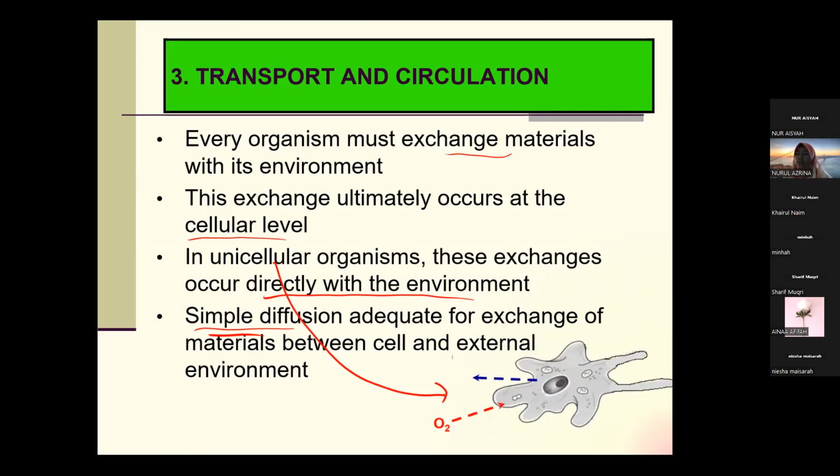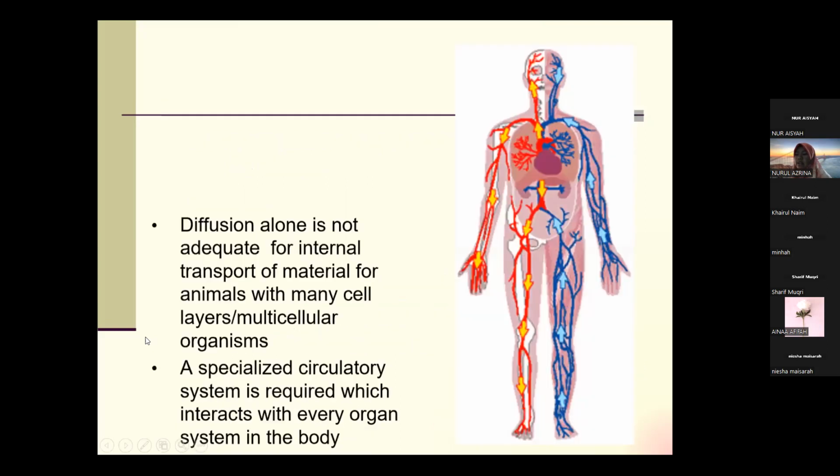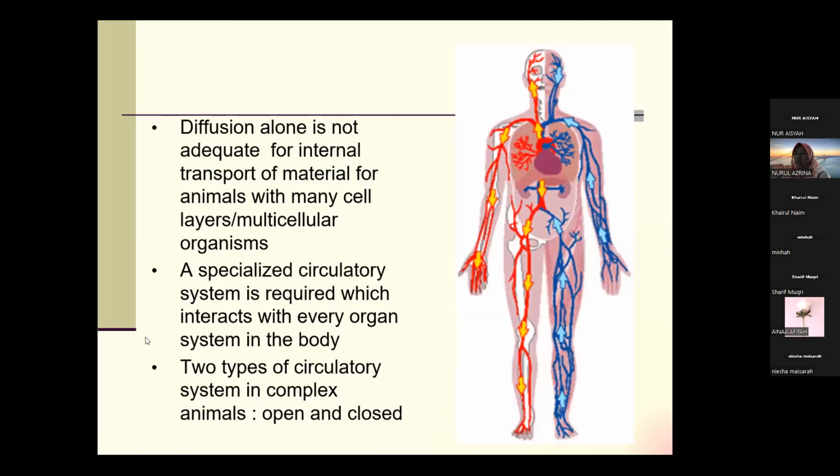But as for a complex organism or multicellular organism, diffusion alone is not adequate for the internal transport of material for animal. Thus specialized circulatory system is required to interact with every organ in the body.